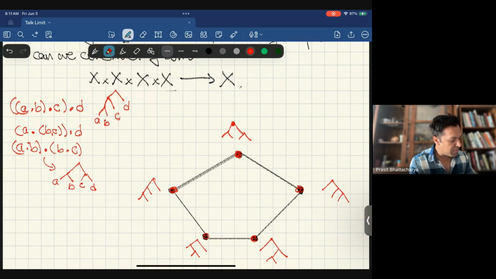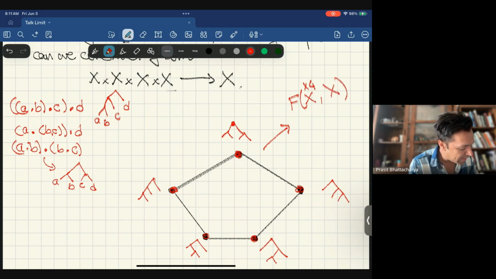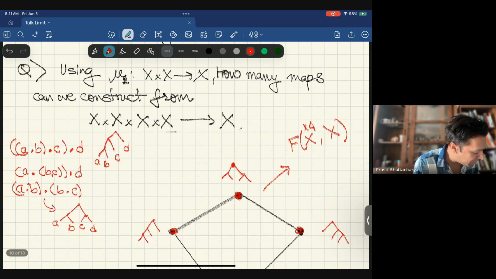So in other words, I can produce a map from here to function space from x4 x, and I can do it on the boundary of the pentagon using mu3. In fact, I will have a tree diagram to describe how I'm going to use mu3.